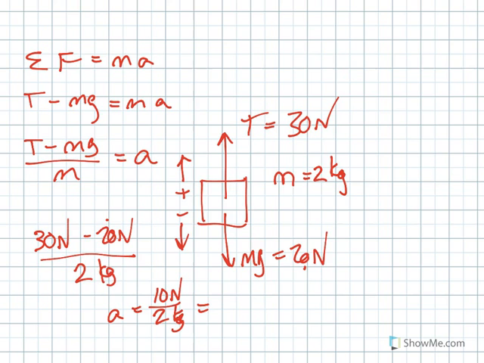So now it's going to be accelerating up at a rate of 5 meters per second squared. So there you go. These are just a few simple examples of how to use Newton's second law when you're solving some problems involving blocks and strings. Thank you very much.